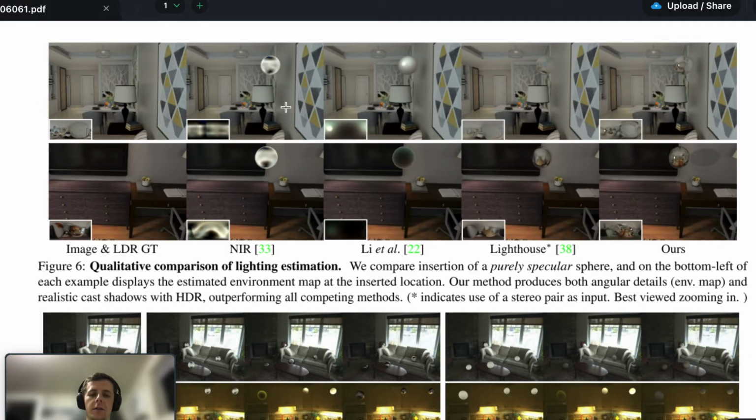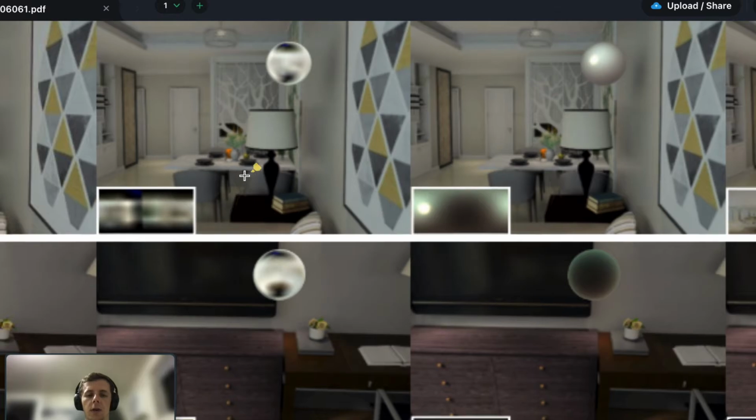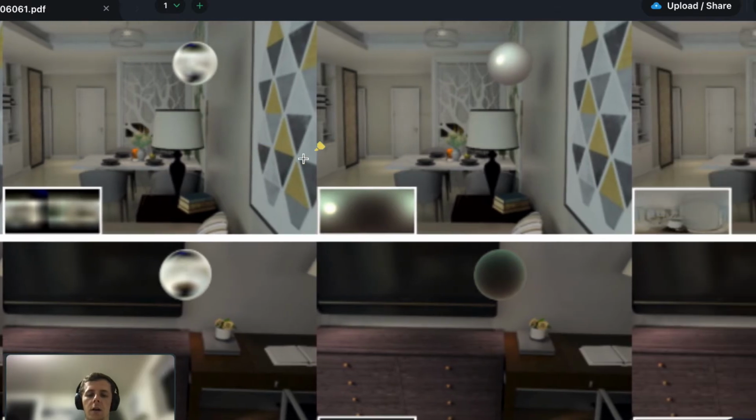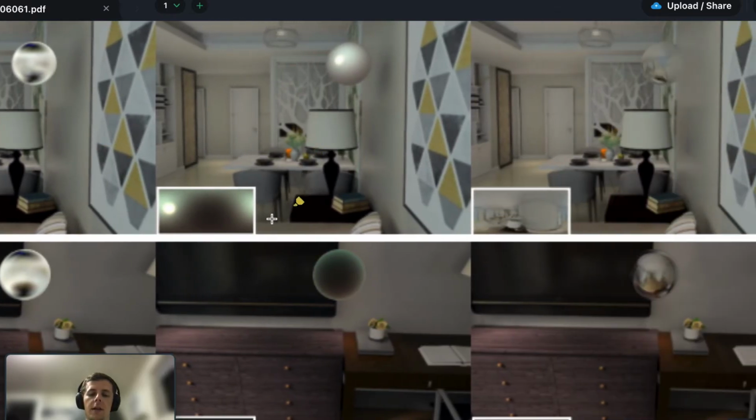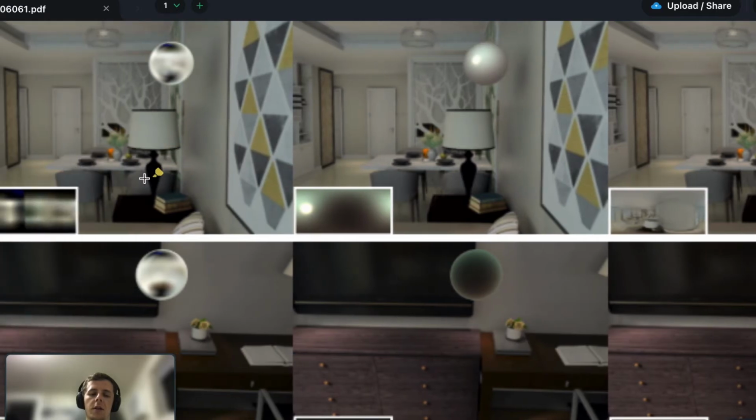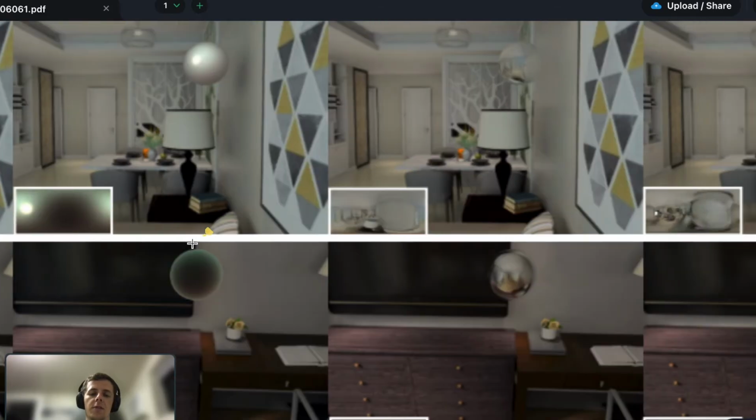And here renderings, my personal favorite part. They compare to other methods, NEAR, Lee, and Lighthouse, and as you can see here, their renders are good in the sense that they have an overall idea of the light position, but the problem lies mainly in the reflection on the sphere.